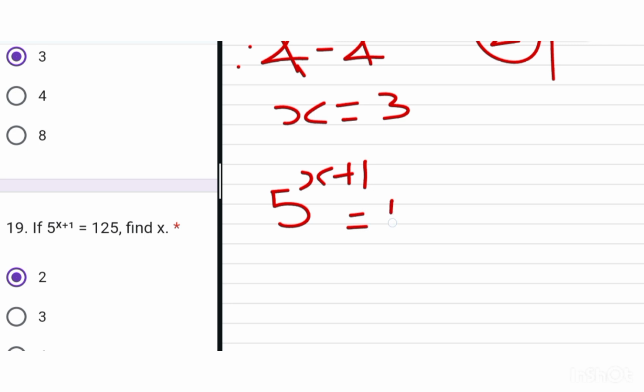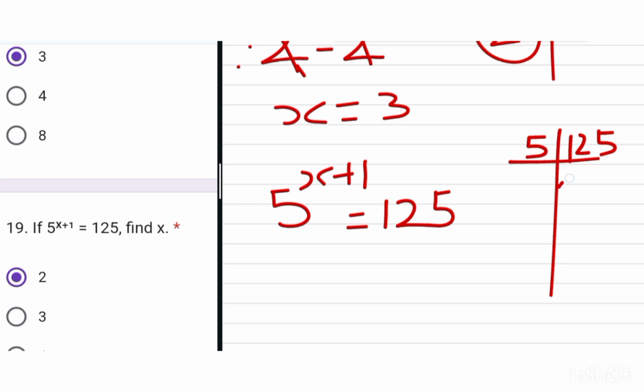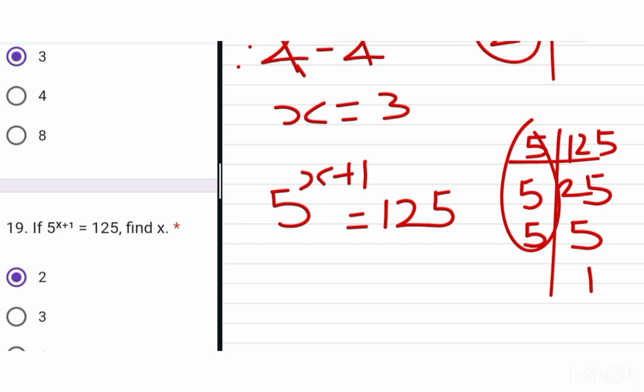If 5 raised to power x plus 1 is equal to 125. Find a way of expressing 125 in index form. Dividing, we have 125 divided by 5, that's 25, divided by 5, that is 5, then 5 divided by 5 is equal to 1.